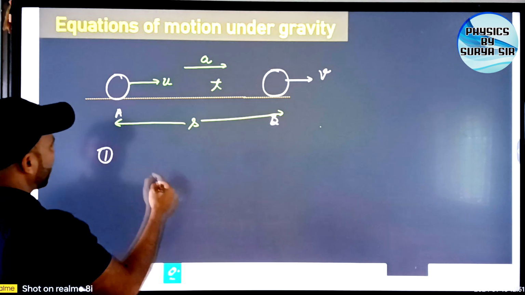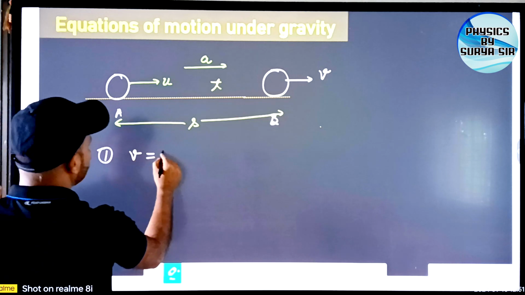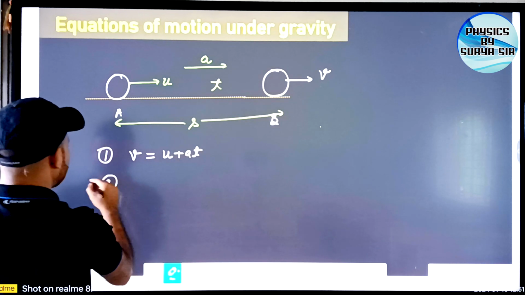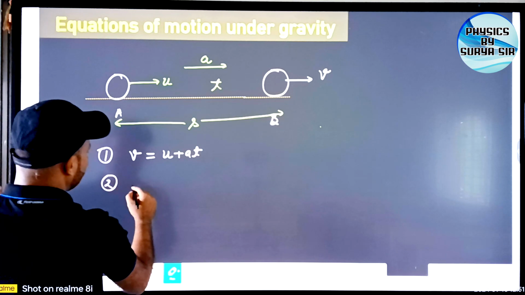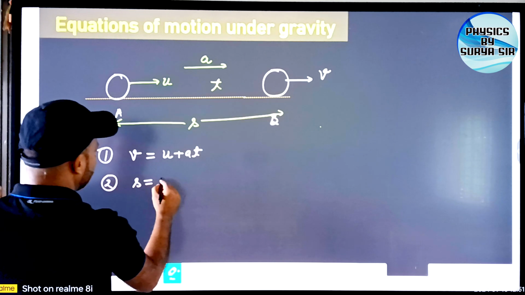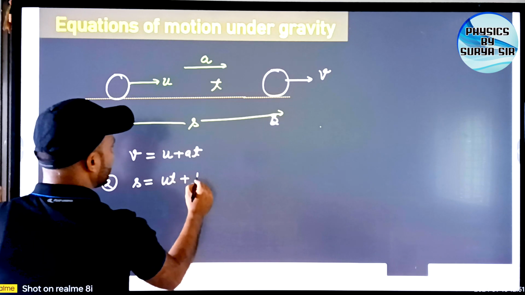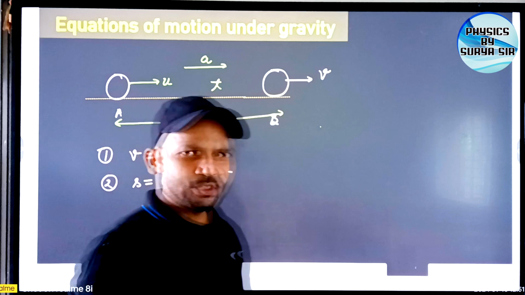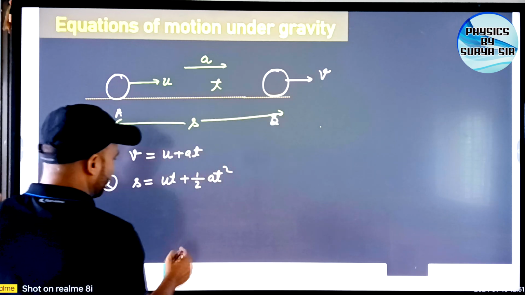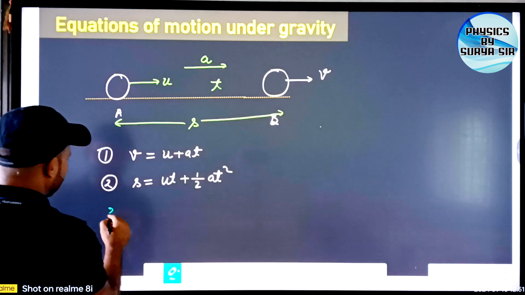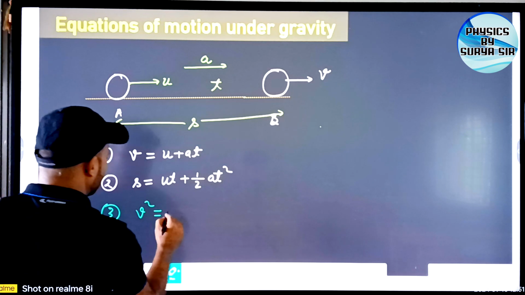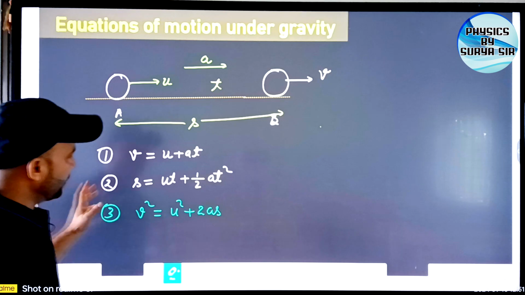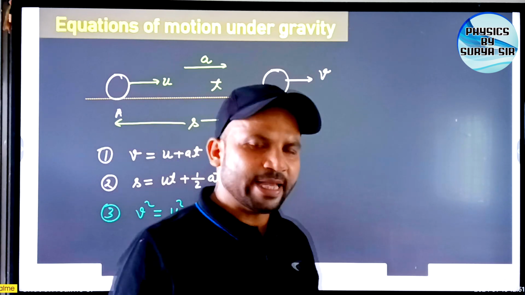The first one is the velocity time relation, v is equal to u plus at, and the second equation is the displacement time relation, s is equal to ut plus half at square, and the third one, you know very well, v square is equal to u square plus 2as.